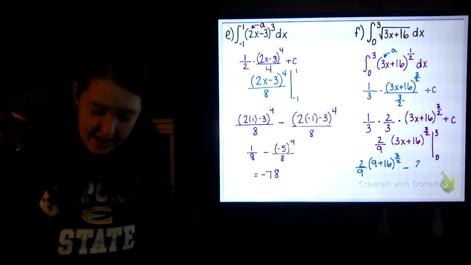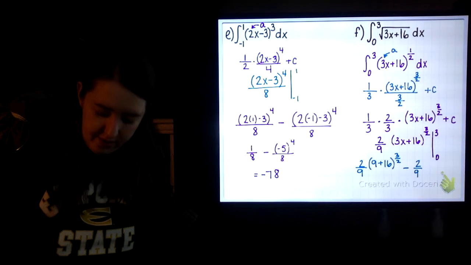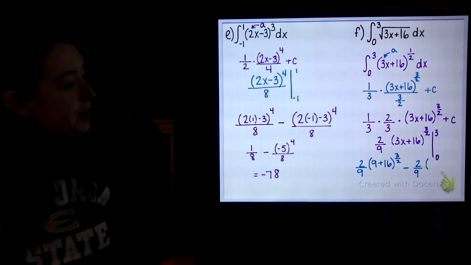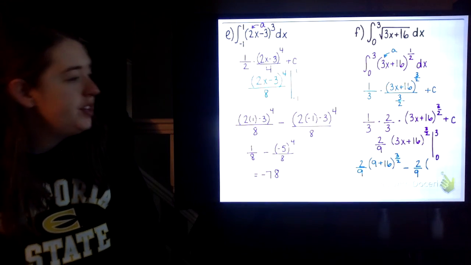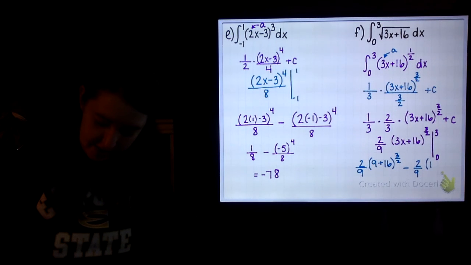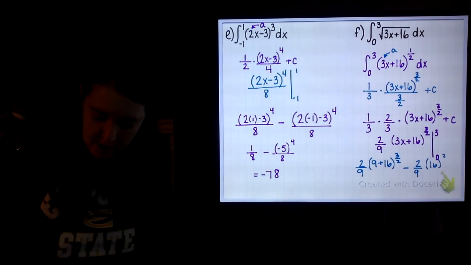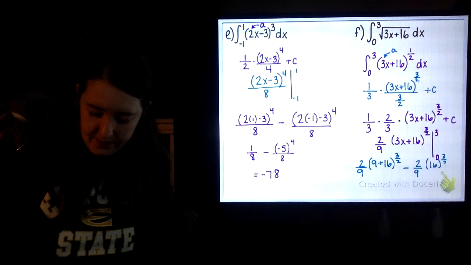Minus, and then we'll have 2/9. Let's see, when we plug in 0, 3 times 0 is 0. 0 plus 16 is 16 to the 3/2 power.